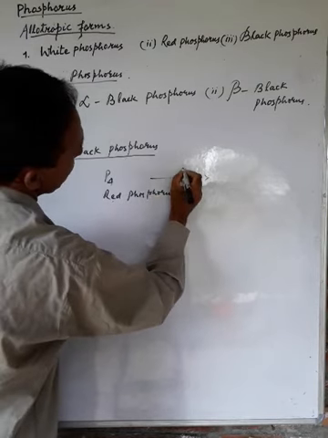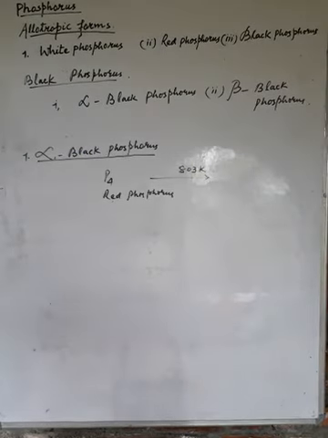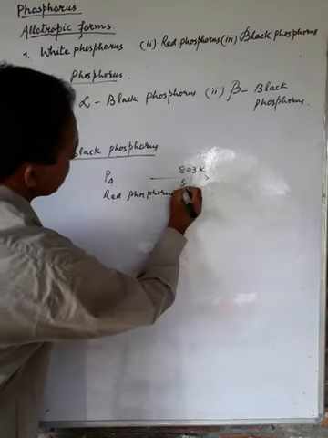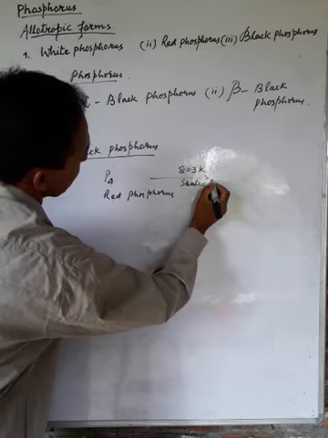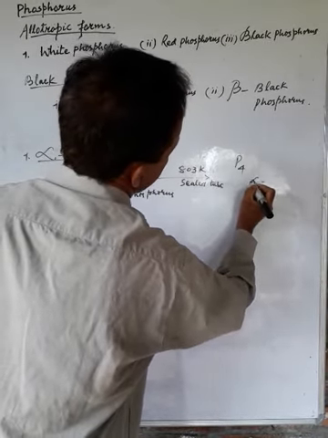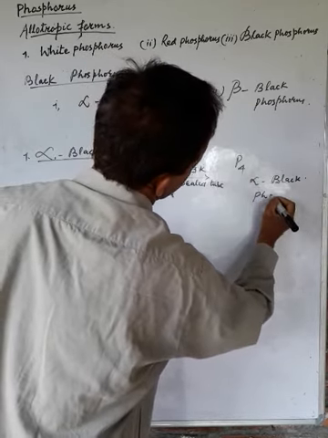When the red phosphorus is heated to 803 Kelvin in a sealed tube, we get P4, that is alpha black phosphorus.